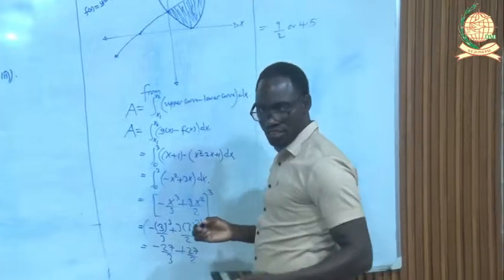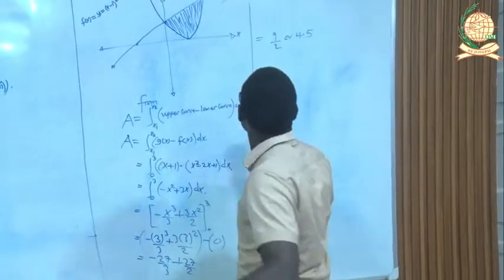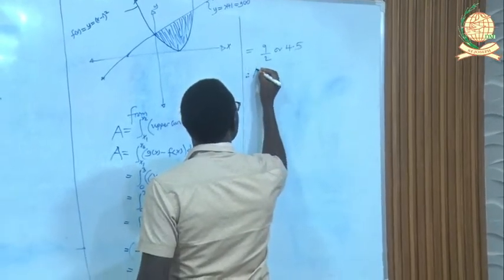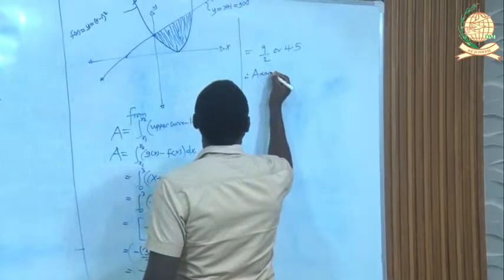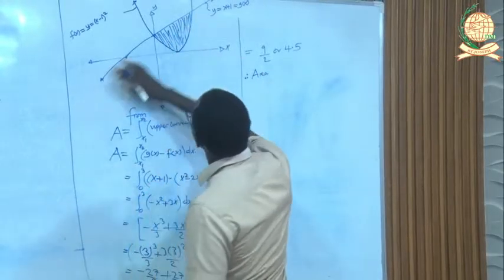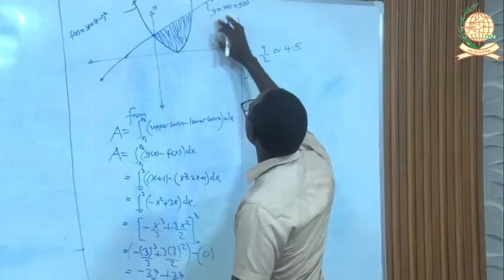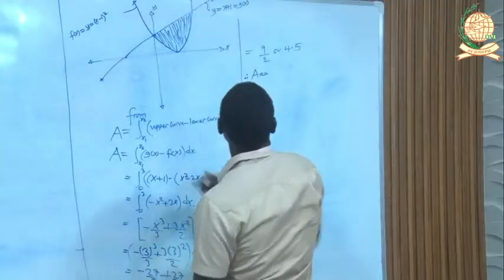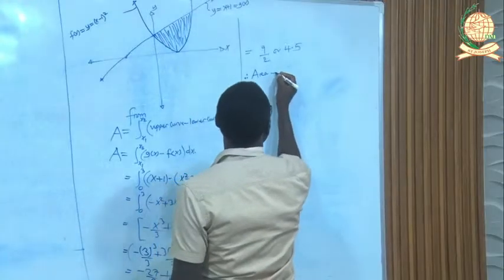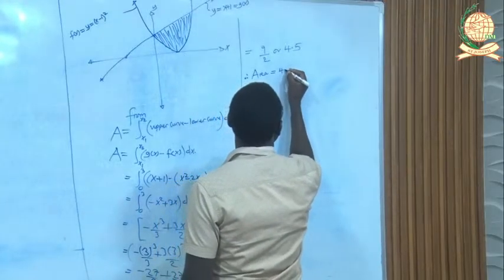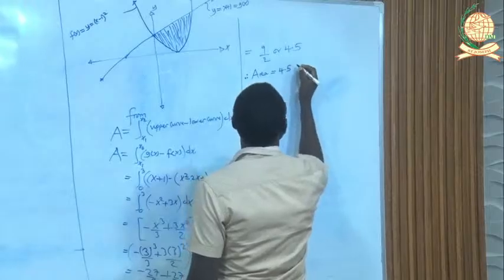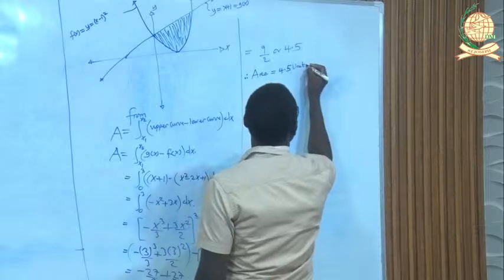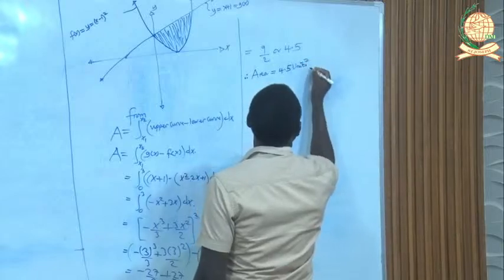Then you conclude that the area of this region between the straight line x plus 1 and the curve x minus 1 squared is equal to 4.5 square units, or units squared.